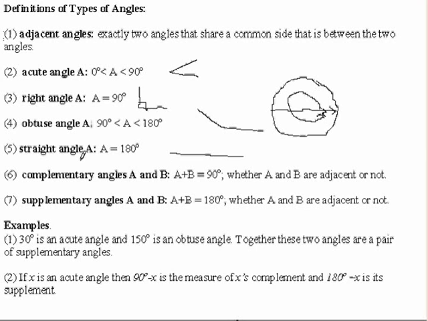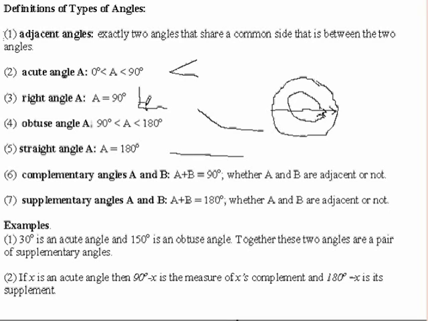Now the next two definitions are important, again language-wise, and are things that you're probably familiar with, but just in case. Complementary angles in words would be defined as a pair of angles, not just a bunch of angles that add up to 90 degrees, but exactly two angles that add up to 90 degrees, that have a sum of 90 degrees.